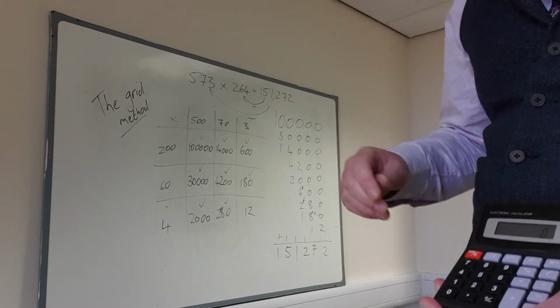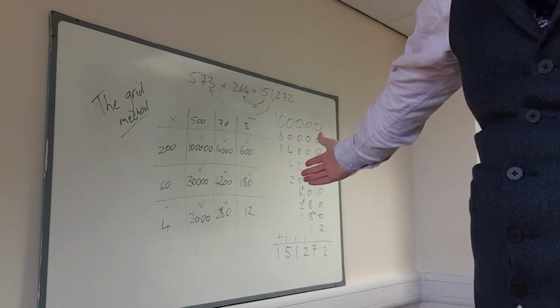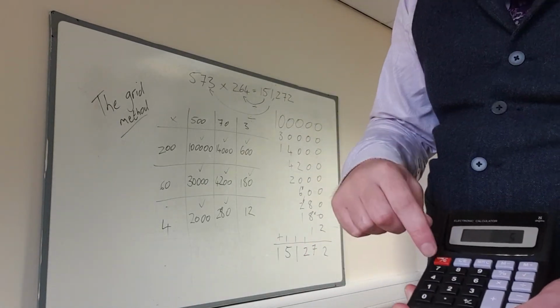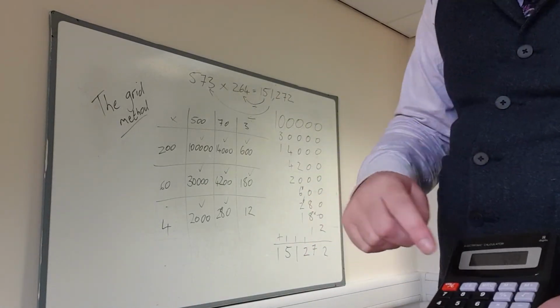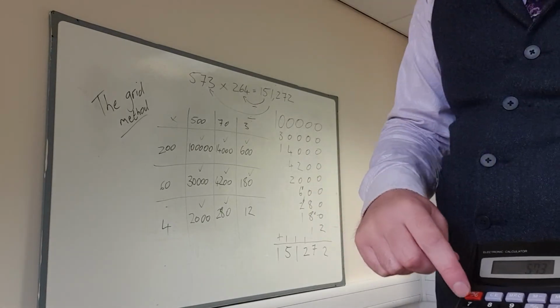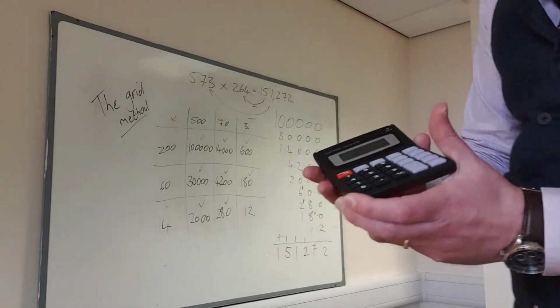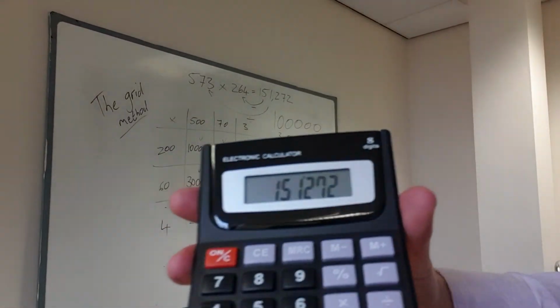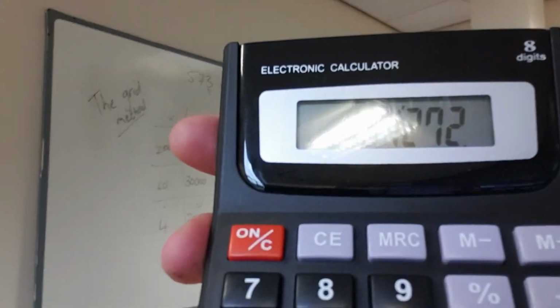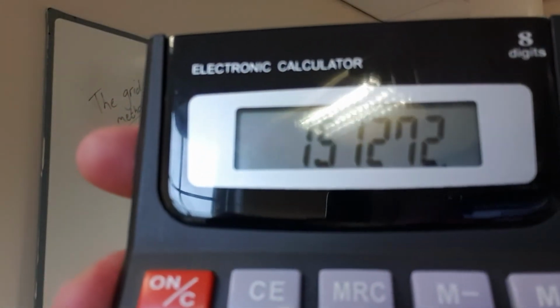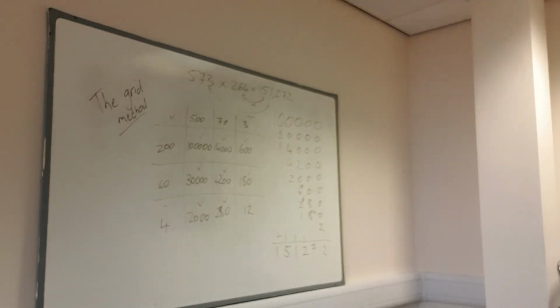It's not going very well with the calculator, is it? We're better off using non-calculator methods because I'm not very good with the calculator. 573, and we'll multiply that by 264, and what we get is 151,272, exactly the same number as we got from the grid method.